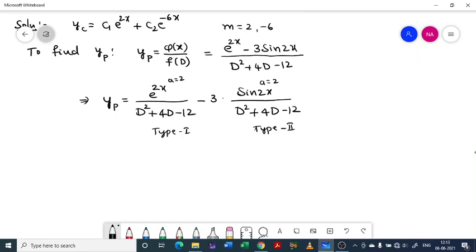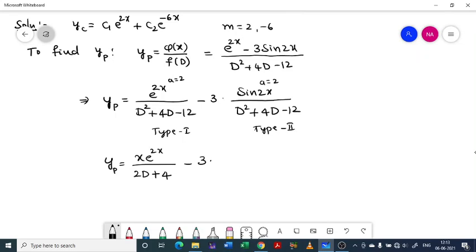So what do you have to do? You have to differentiate the denominator and multiply the numerator by the independent variable. So you will be getting yp to be x e power 2x divided by 2D plus 4, minus 3 into, here you have to replace D square by minus 4 because it is of type 2.